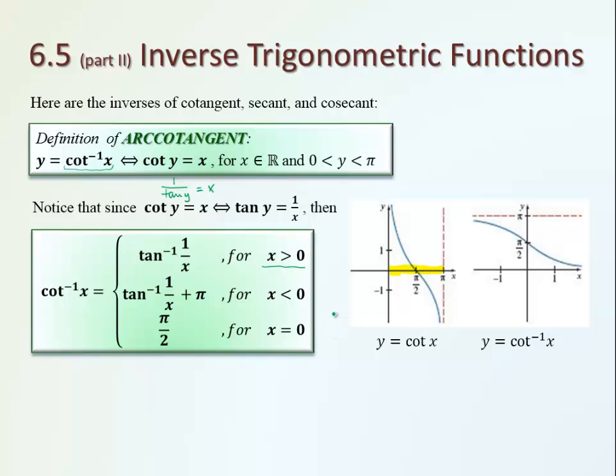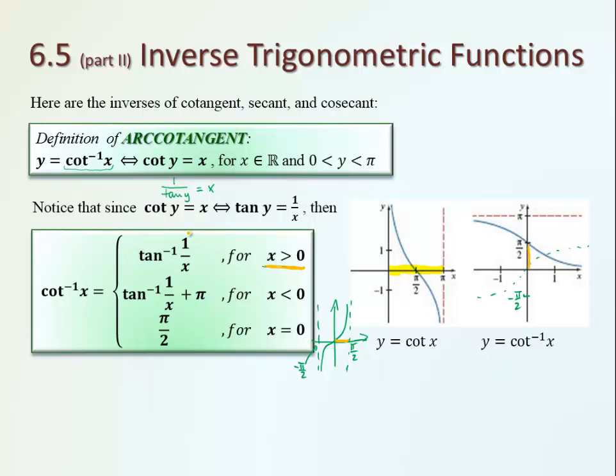Why is it so? Well, let's recall the tangent function. It looks like this, where here's pi half, and over there negative pi half. So that was the restricted domain of tangent. Since the range of inverse tangent is between negative pi half and pi half, then for x positive, the inverse tangent falls into the first quadrant.